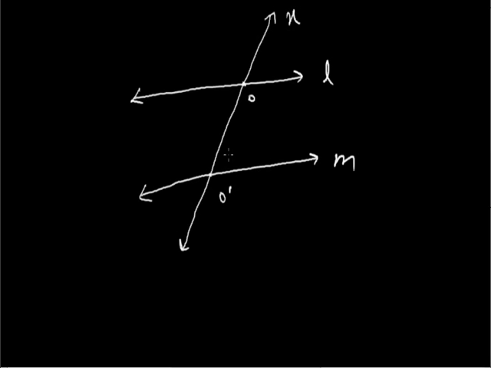Then according to the definition of the exterior angle, it is the angles whose arms do not include the line segment of the transversal which lies between the two lines. So the segment OO dash lies between the two lines L and M.